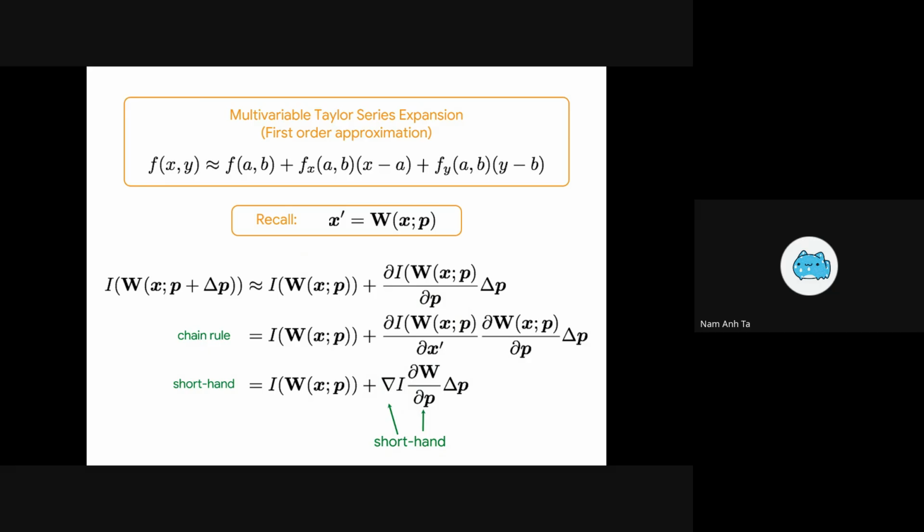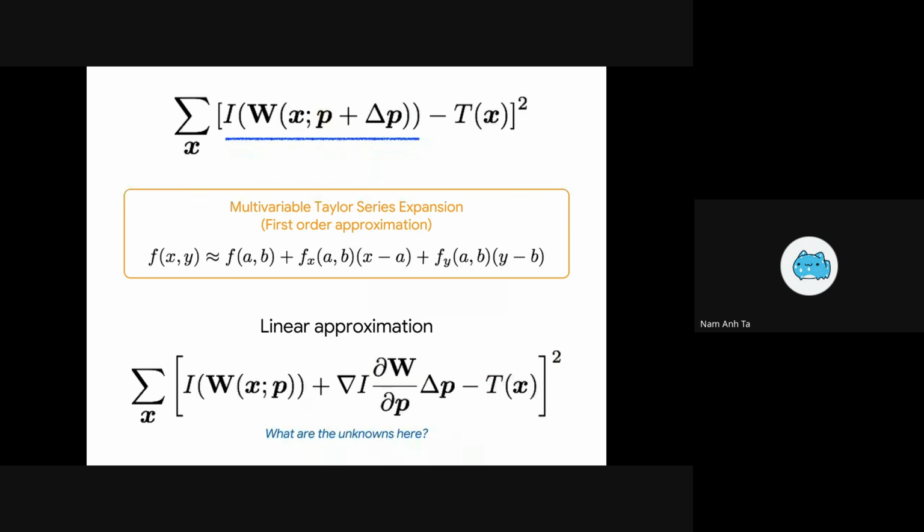So the result here is this simplification transform of the objective function into a linear form, which will allow us to solve for delta P using standard linear algebra. Through the Taylor expansion, we can transform a difficult nonlinear problem into a clear linear system.